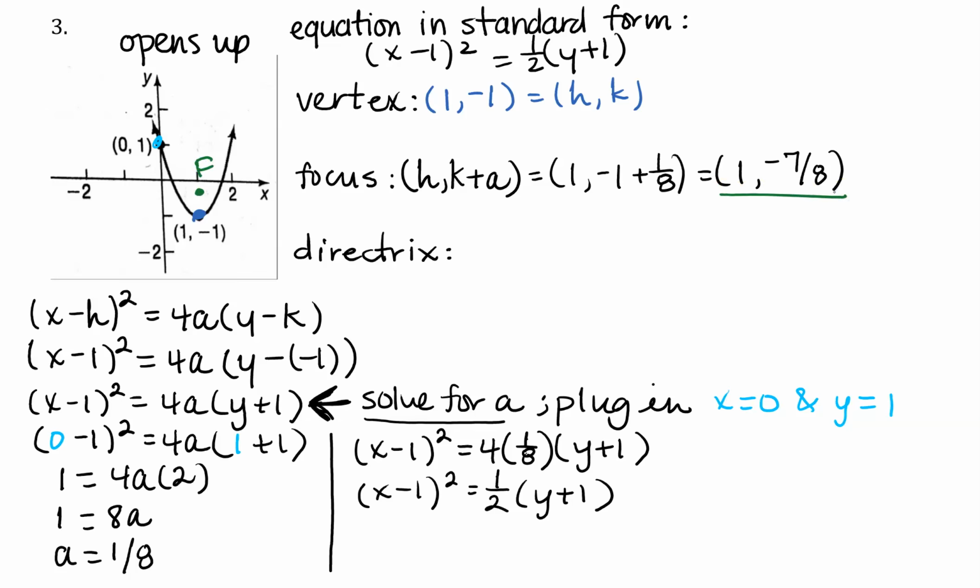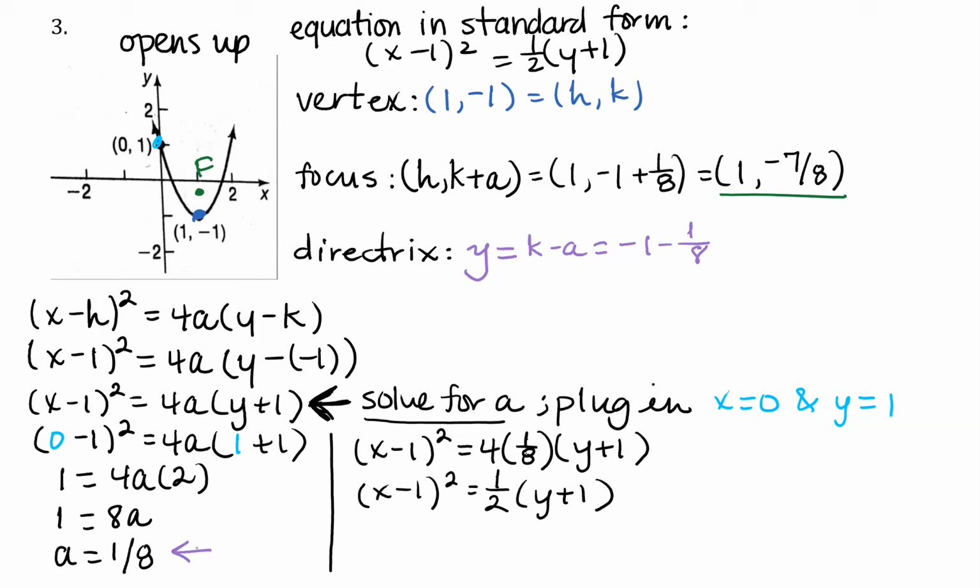The focus is (1, -7/8). For the directrix, when a parabola opens upward, the equation for the directrix is y = k - a. We know k, it's the y coordinate of the vertex, it's -1. And we know a, we found that down here, a is equal to 1/8.